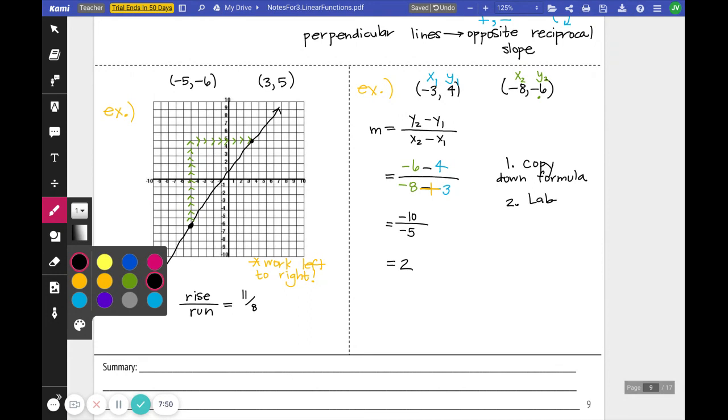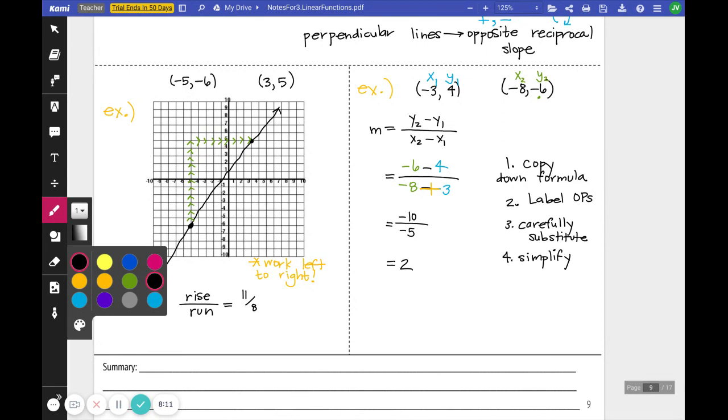Then we labeled our ordered pairs. Our third step was to carefully substitute. And then finally we finished by simplifying.